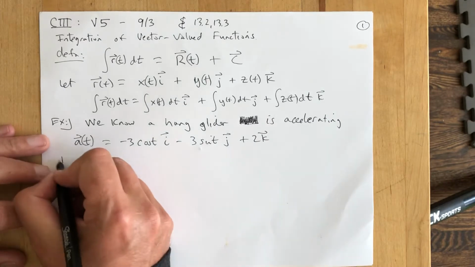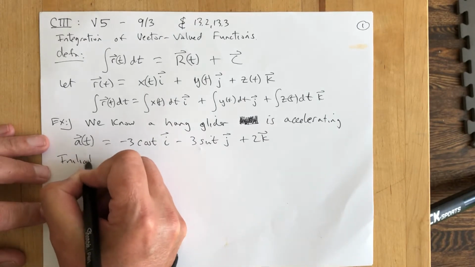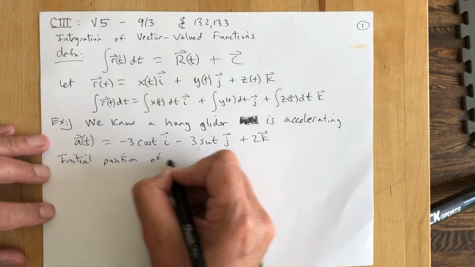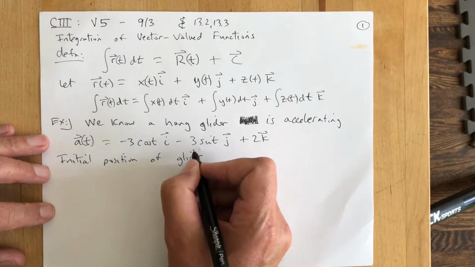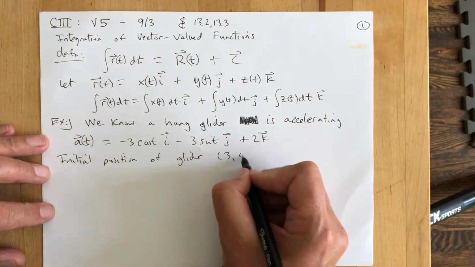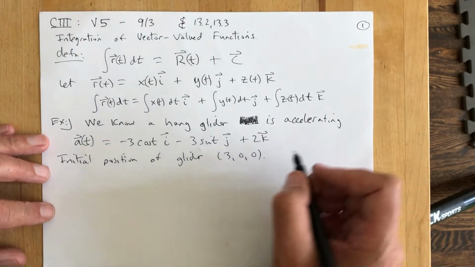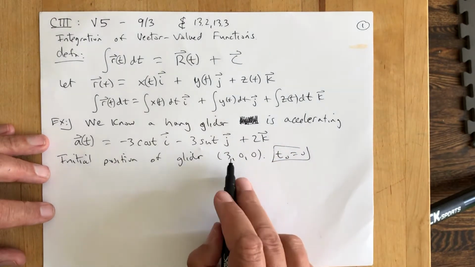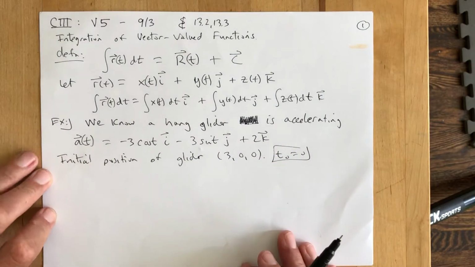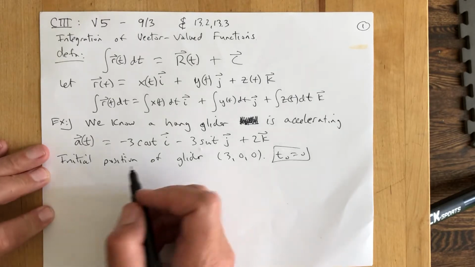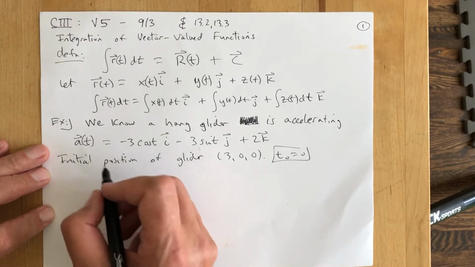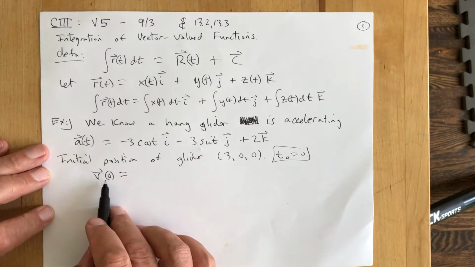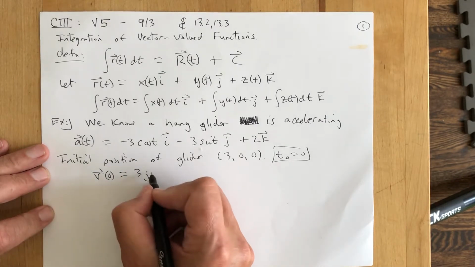The initial position, takeoff, of the glider is the point 3, 0, 0. So at time equaling 0, we're over here at 3i. We also know that at time 0, the velocity is 3j.